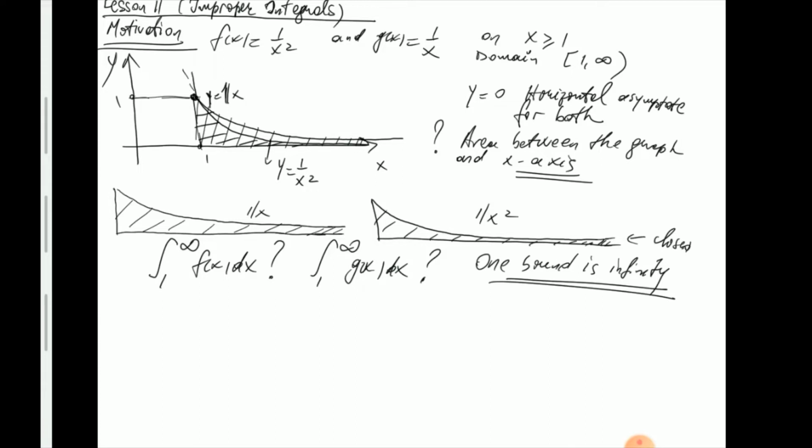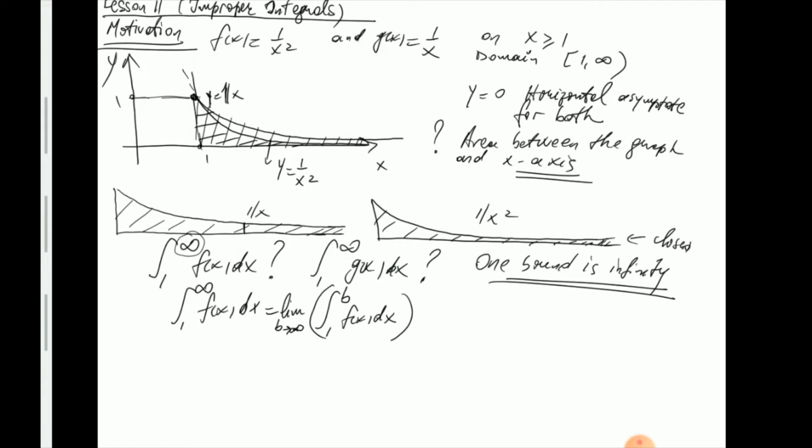One way to come up with this definition is to simply take, for example, a variable to replace the infinite bound. And then after you compute the integral, you let that variable go to infinity. So the way we're going to define and actually compute each of these improper integrals is to replace the infinity bound with a variable, let's call it b, compute that integral in the same manner you computed before, and then once you're done, you simply take the answer and find the limit as b goes to infinity.